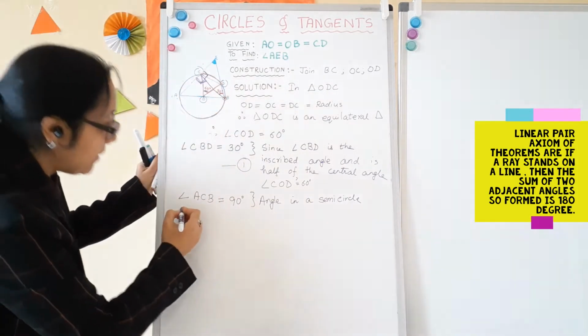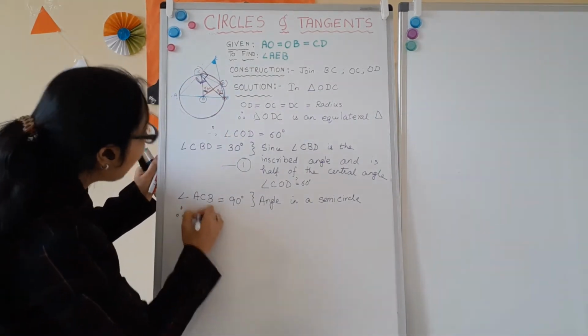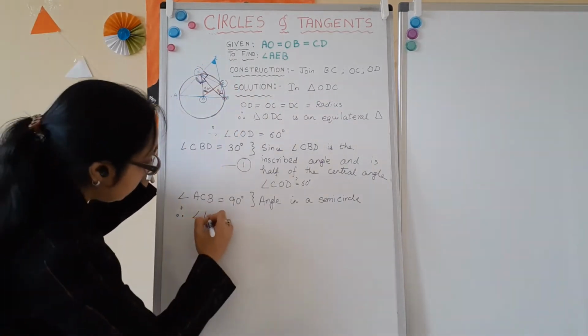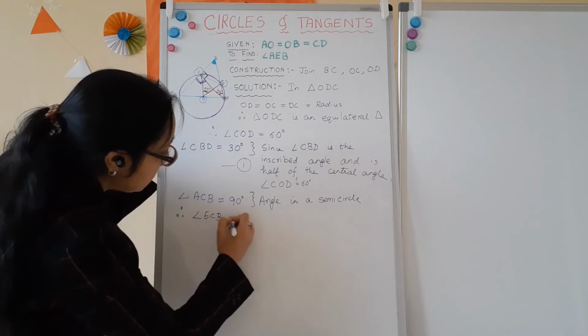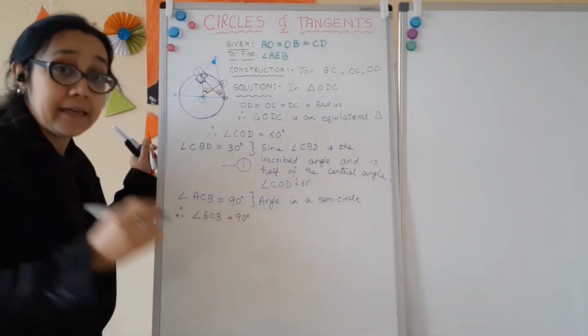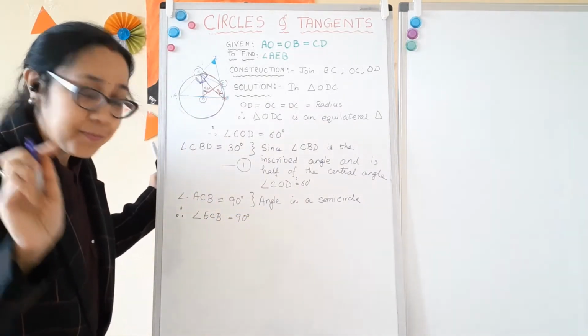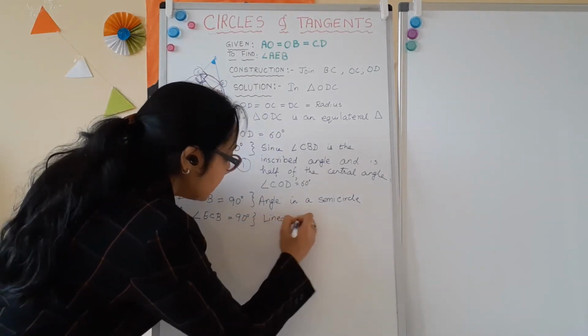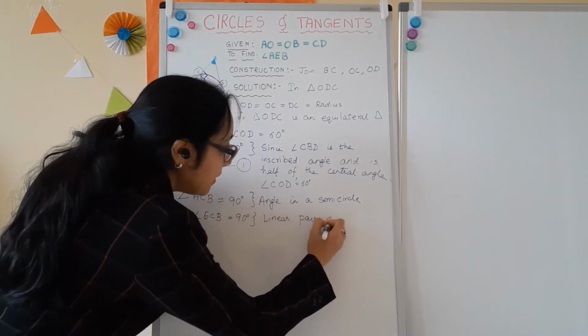So we can write, therefore, angle ECB, the remaining, is equal to also 90 degree through linear pair axiom.